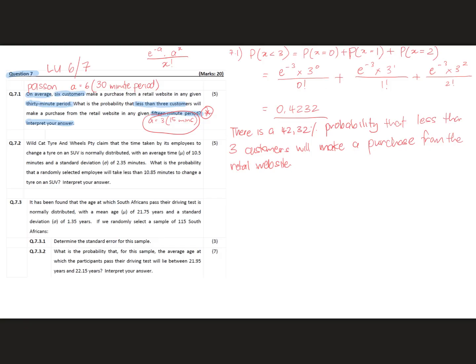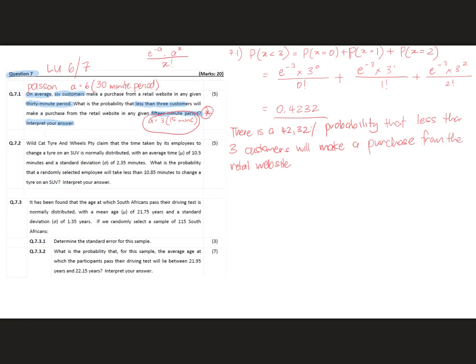So 7.2 says Wildcat Tire and Wheels Pty claim that the time taken by its employees to change a tire on an SUV is normally distributed with an average time, which is represented by the symbol mu, of 10.5 minutes and a standard deviation of 2.35 minutes.